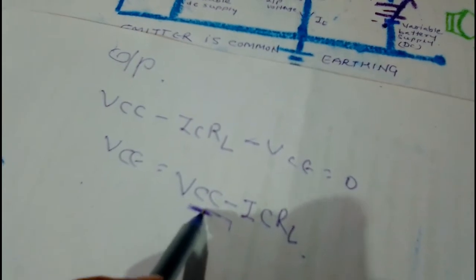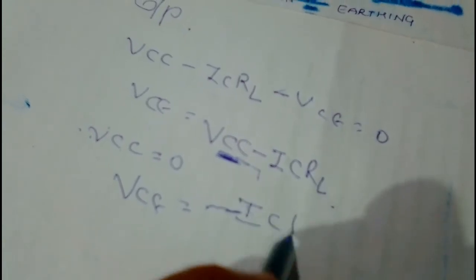Now when this VCC, the variable DC voltage which is given to the collector, is 0, what happens at that time? When VCC is equal to 0, VCE becomes minus ICRL. Change in VCE is equal to minus change in ICRL.